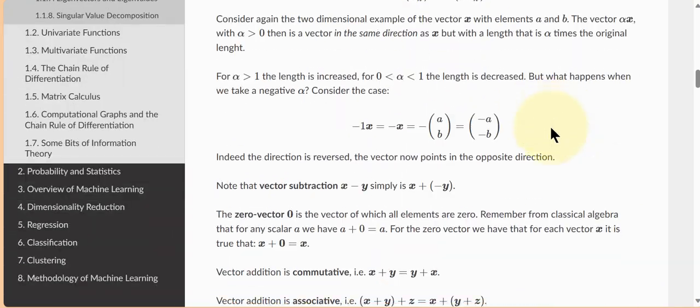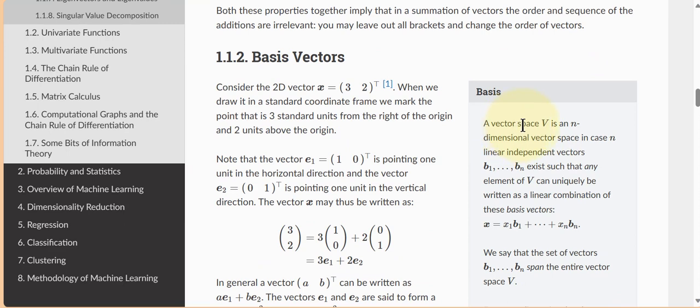So here, more generally, a vector space V is an n-dimensional vector space in case n linear independent vectors exist such that any element of V can uniquely be written as a linear combination of these basis vectors.